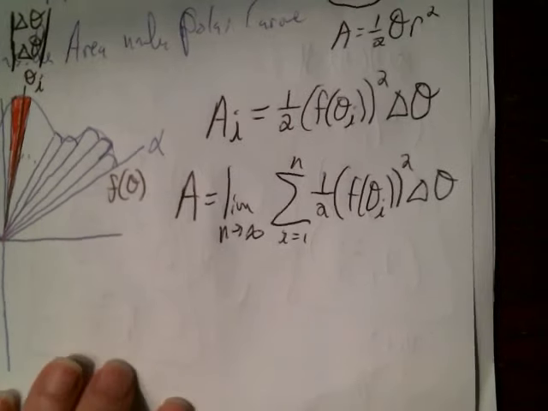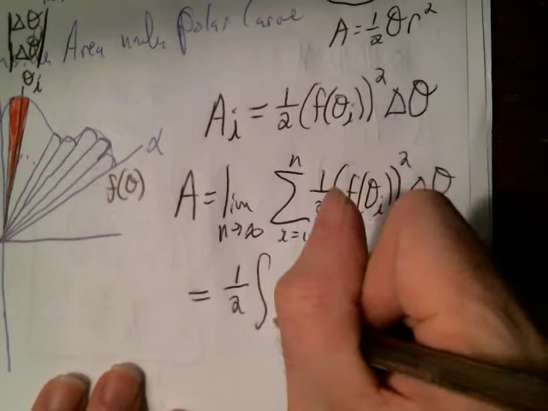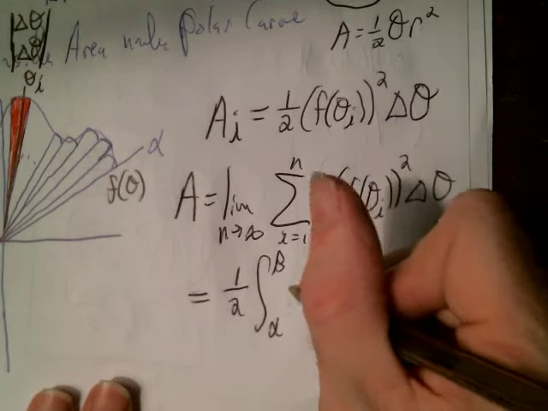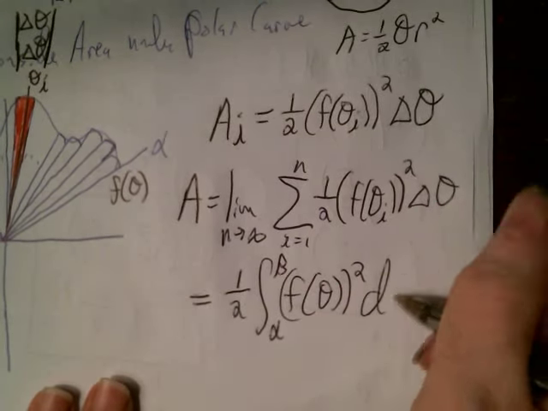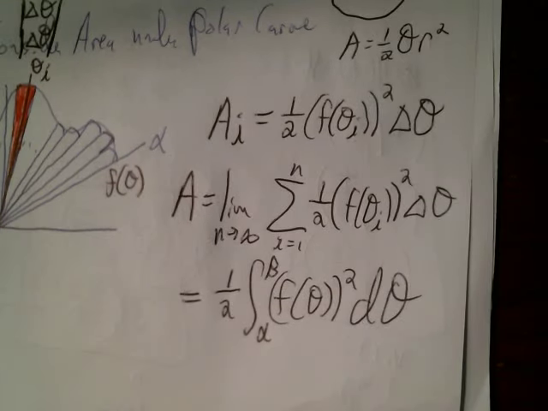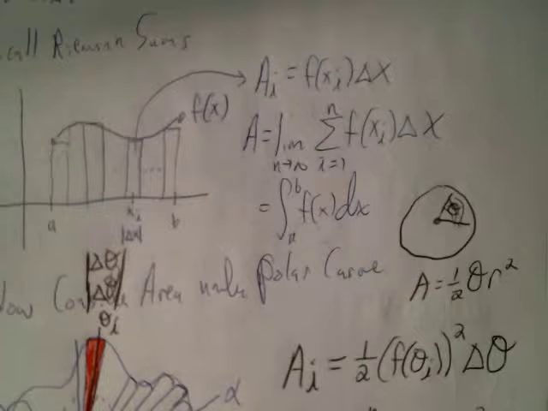And then limiting that, you get our formula du jour: 1/2 integral from alpha to beta of your radius function, f of theta, squared d theta. We want to use that to find the area of rose petals and area between polar curves and all that. So let's go at it.